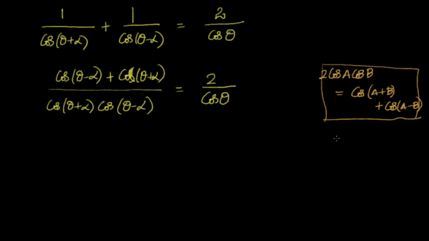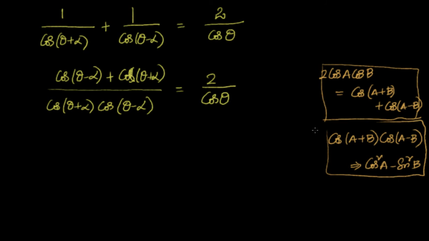Another formula we have is cos of A plus B into cos of A minus B. You can check this formula, you can just expand that and multiply that. You will get cos square A minus sin square B. These are the two formulas which will help us to solve this problem. Okay, let's go ahead now.